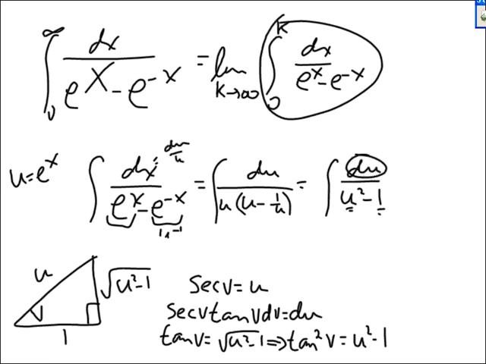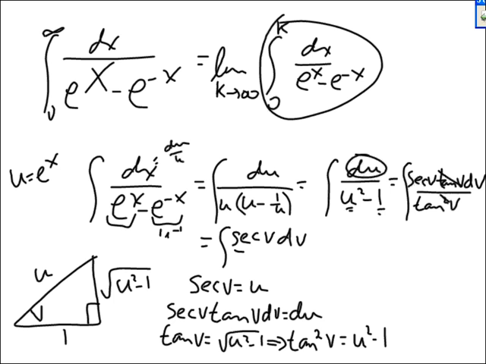Okay, so du is secant v tangent v dv all over tangent squared of v. Well, one tangent in the top kills off one of the tangents in the bottom, so I'm left with the integral of secant v dv over tangent of v.